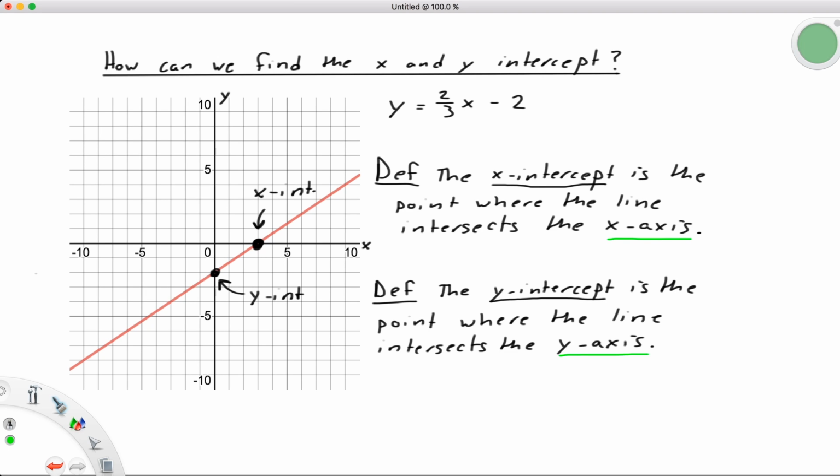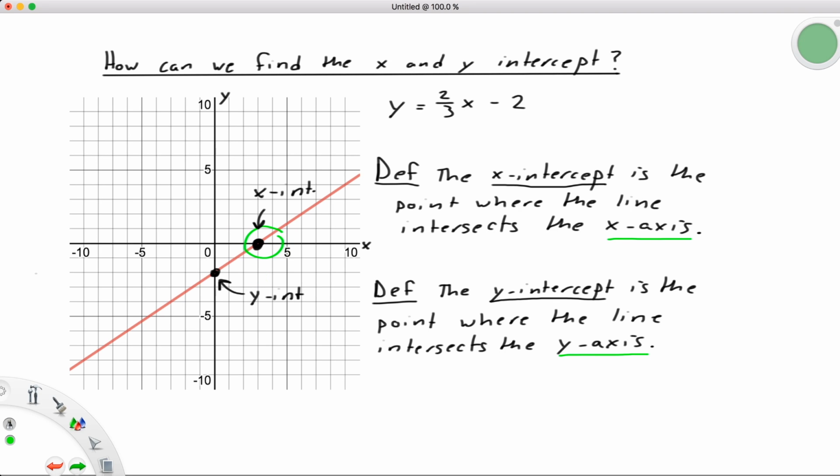The key to do this is to look at our graph here and notice something special about these two points in particular. If we look first at the x-intercept, this is going to lie along the x-axis, right? It has to by definition. This is where we intersect the x-axis. So if it lies along the x-axis, it can't be up here, it can't be down here.